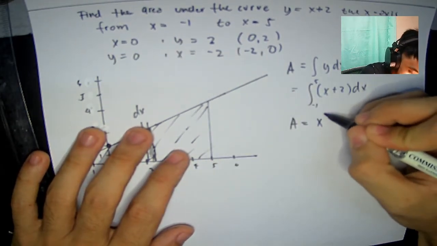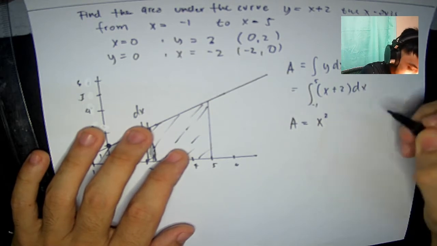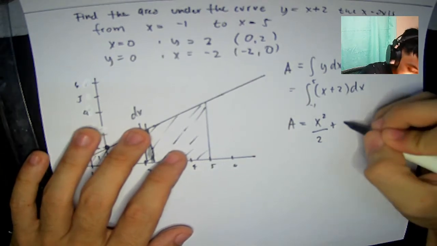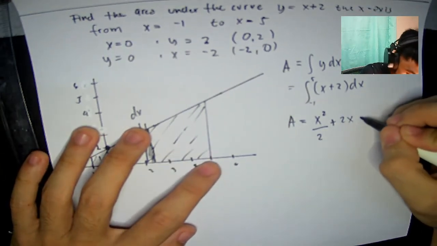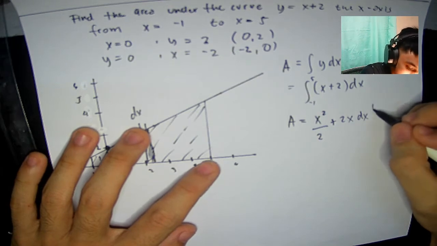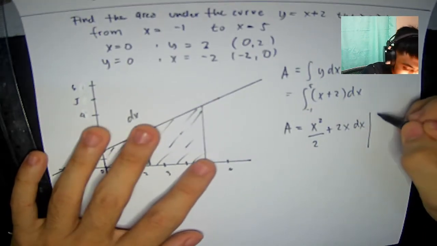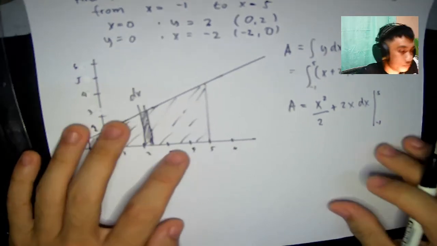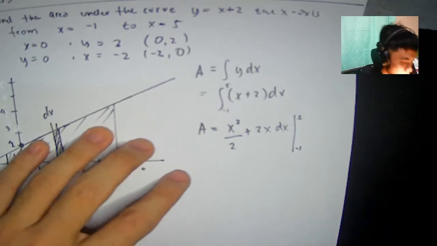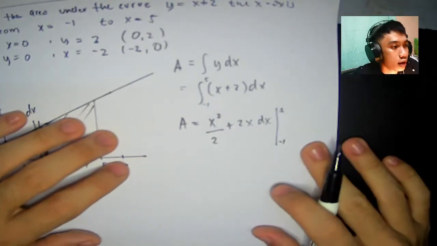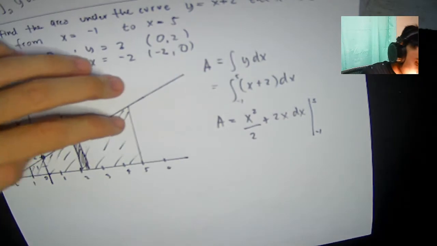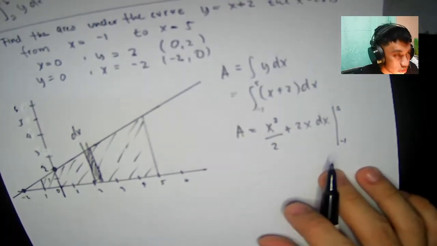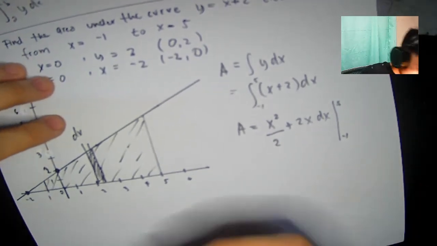So x squared over 2 plus 2x dx, then we'll just put our range, 5 and negative 1. Now I'll just put it in the middle of my camera.